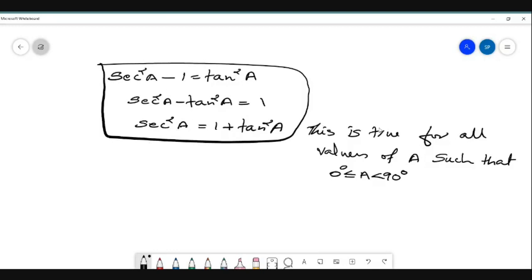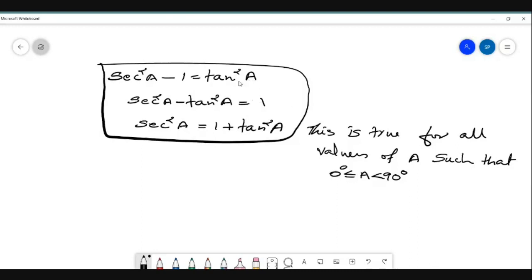And you know that this is true for all values of A such that 0 degree less than or equal to A less than 90. That means it is not true for 90 degree. For all other values, it is true. Why for 90 degree? Because if A is 90 degree, what about sec 90 and tan 90? That is not defined.